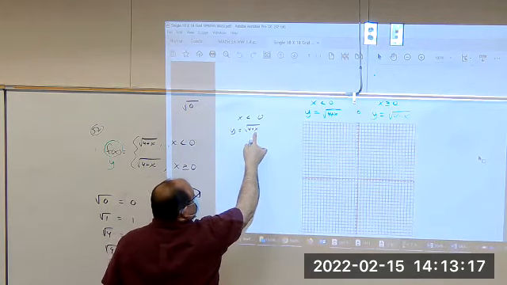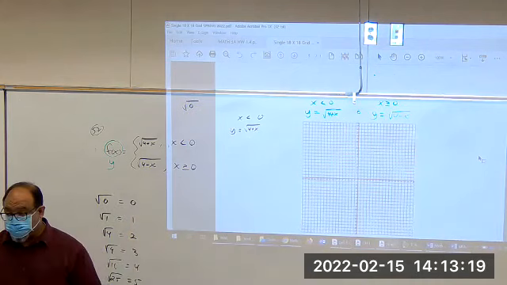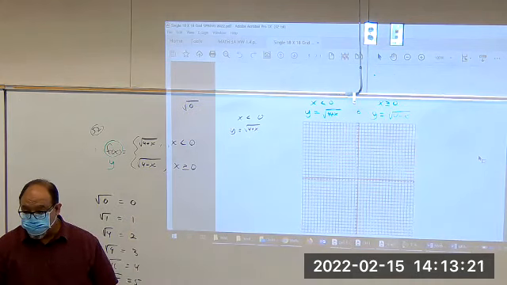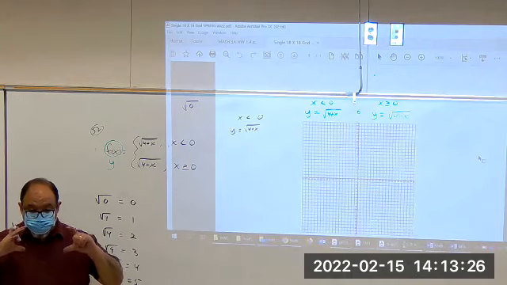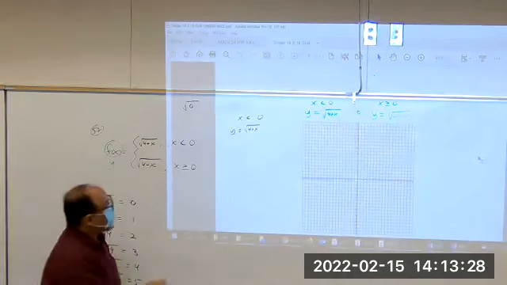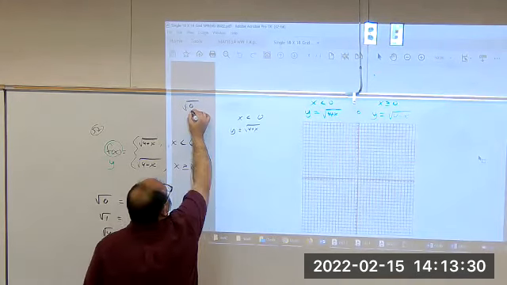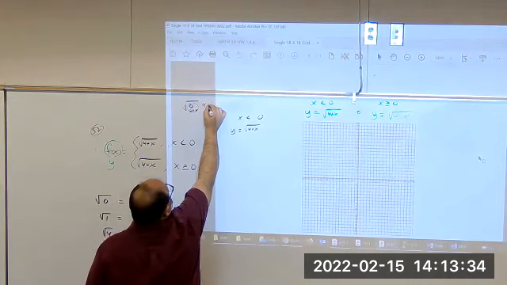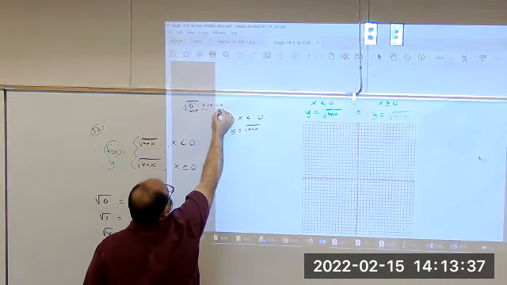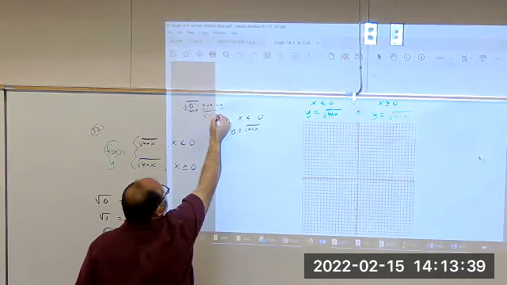So what would x have to be to give me a square root of 0? What would make 0 on the inside? What would make 4 plus x equal that 0? It would have to be 4 plus x equals 0, subtract 4. X would have to be -4.